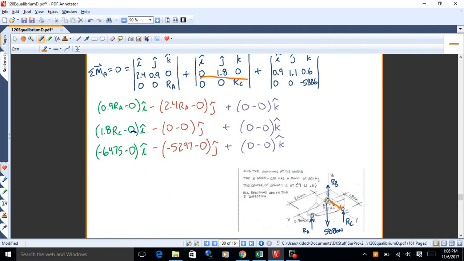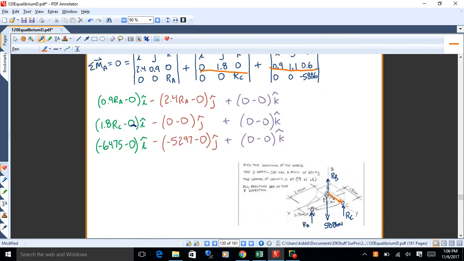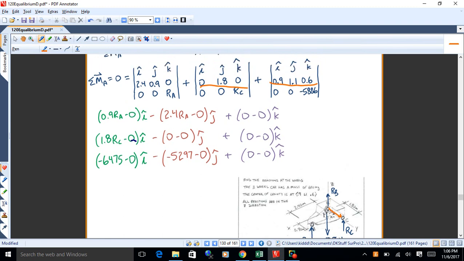Okay. And then we've got the force at the center of gravity, so we use the vector from the origin to the center of gravity crossed with that center of gravity force. And then we do the same thing with RA. We have to do them all individually, so there are three separate crosses. We do all the crosses and then we add them up. Okay, so that's the deal with that.